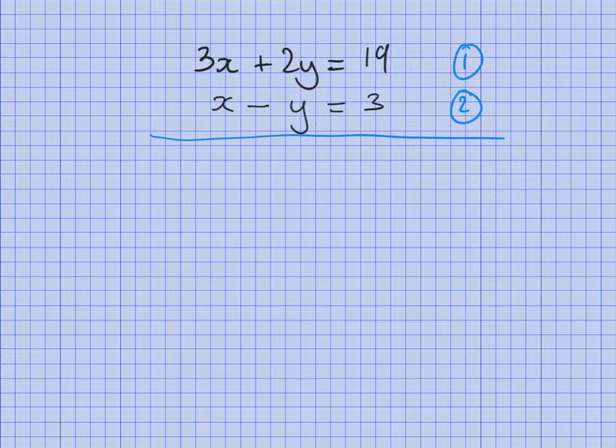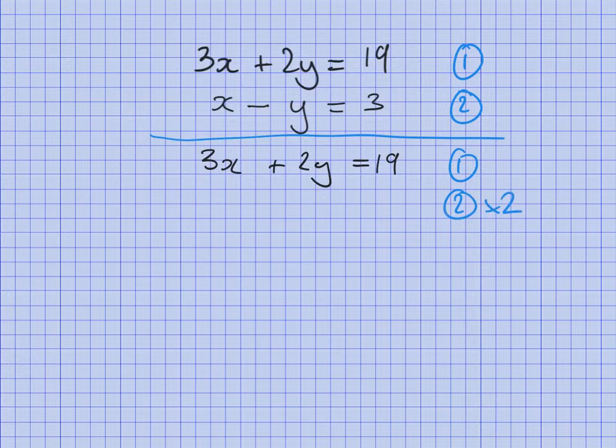I could choose to multiply equation 2 by 3, then I'd have 3x in both equations, or I can multiply it by 2, then I would have 2y in both equations. I'm choosing, because it's a little easier to work with the numbers, to double the second equation. So the first equation remains the same, but the second equation I'm going to times by 2.